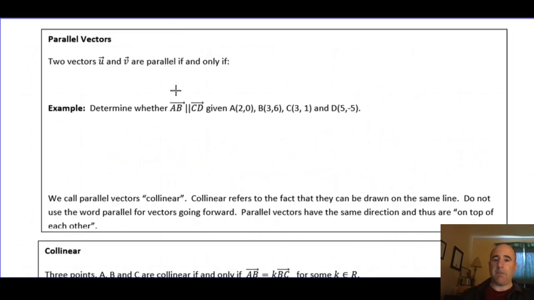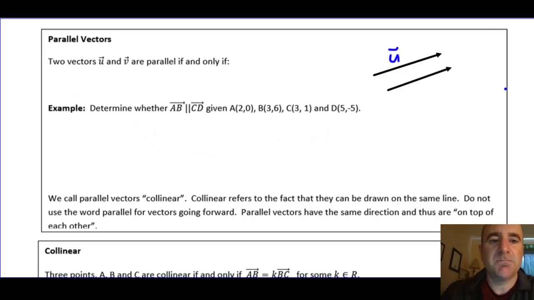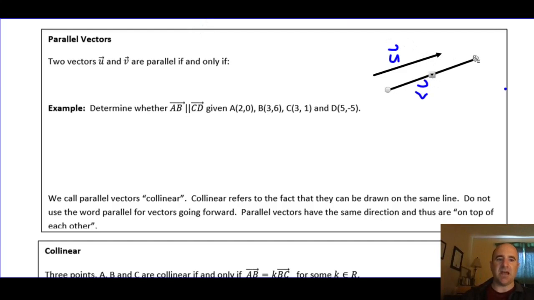Next, let's talk about parallel vectors. What does it mean if two vectors are parallel? It basically means you've got two vectors that have the same direction. Now, this picture is a little bit misleading; we'll talk about that in just a second. Two vectors u and v are parallel if and only if one is a scalar multiple of the other, because they have the same direction, they just have possibly a different size.